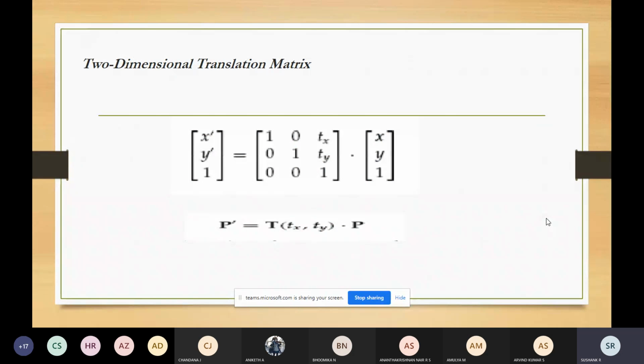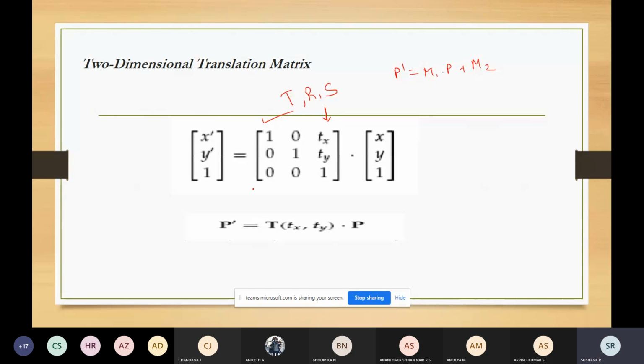Yes, sir. Now see, instead of writing P dash is equal to matrix 1 into P plus M2, that is being represented in a single matrix itself. This single matrix can perform translation, rotation, scaling.